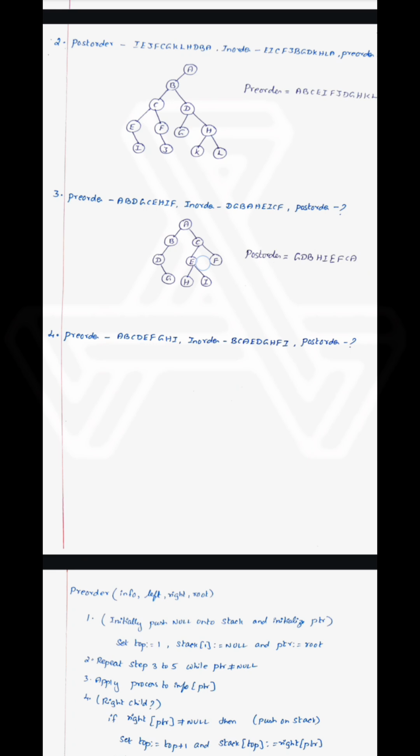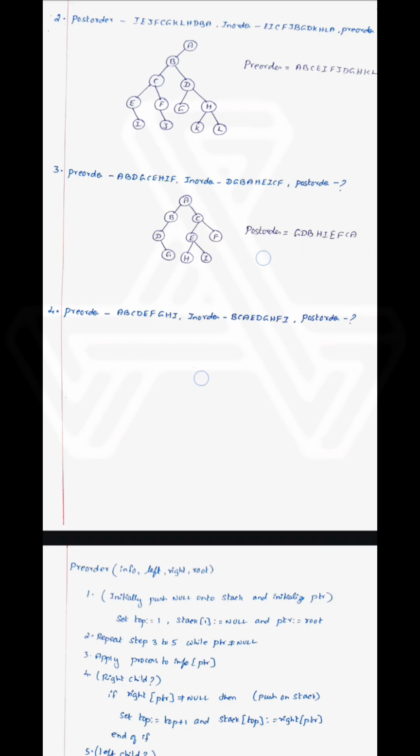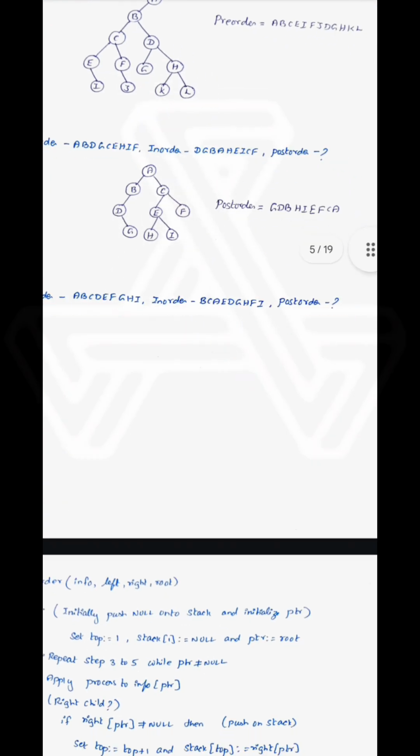And then there is D, that is left side of B, so we will be keeping that. And then there is G, that is also right side of D. And then there is C, it is on the right side of A, so we considered that, and so on. So for this, post-order traversal will be G, D, B, H, I, E, F, C, A.